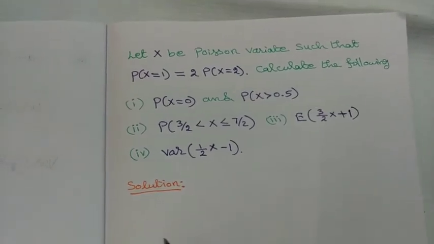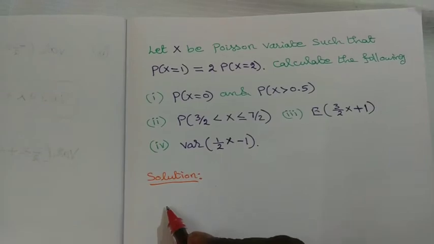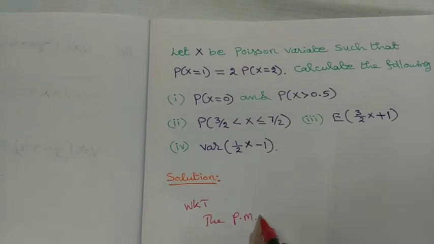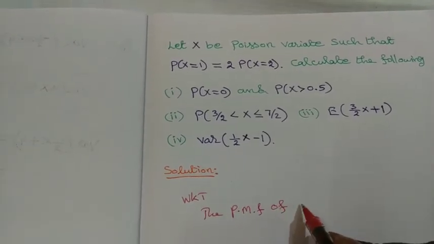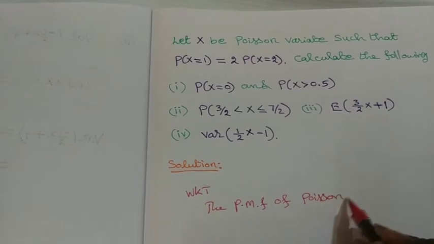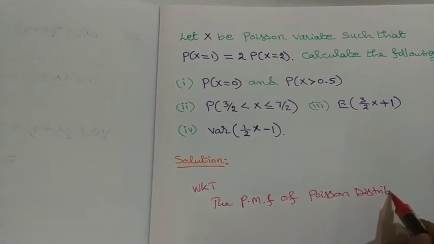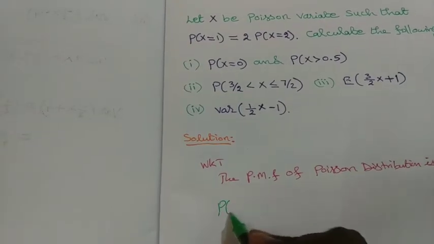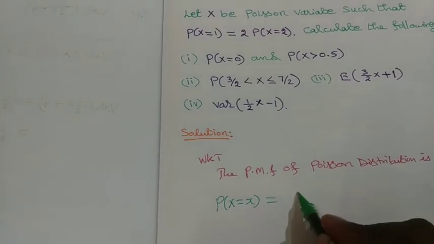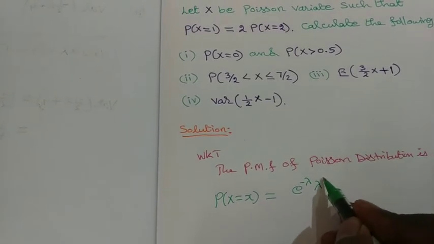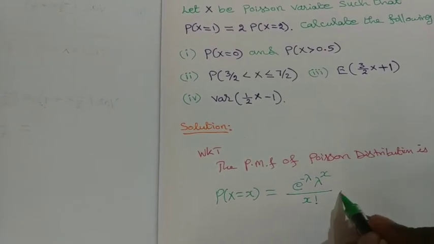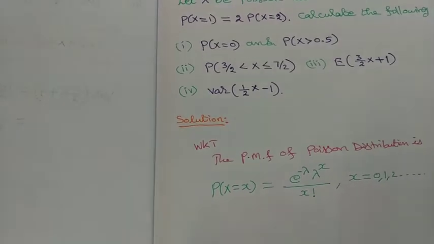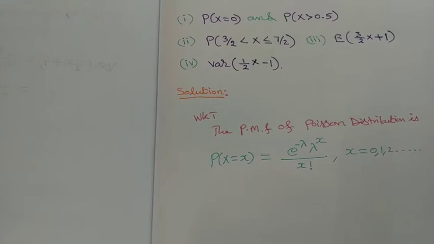Okay, so we know that the probability mass function of the Poisson distribution is P(X = x) = e^(−λ) λ^x / x!, where x = 0, 1, 2, etc. So this is the probability mass function of the Poisson distribution.